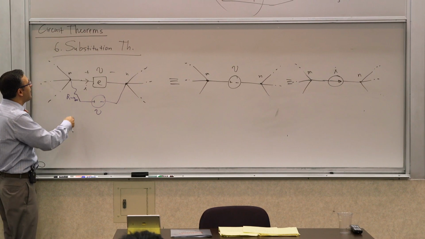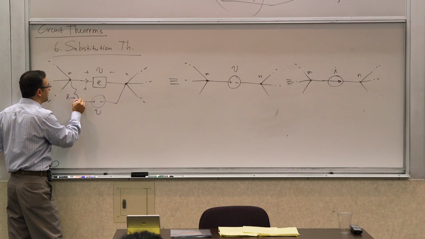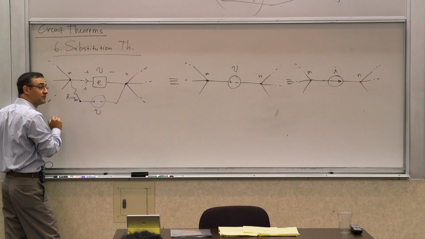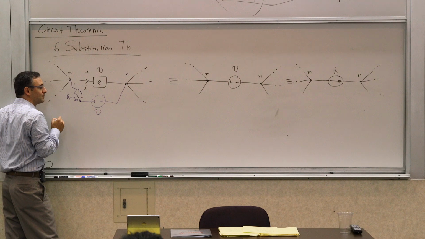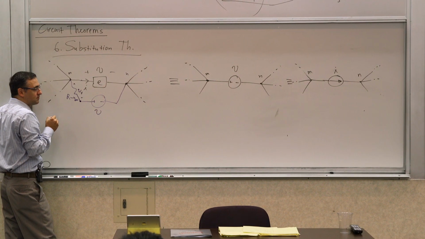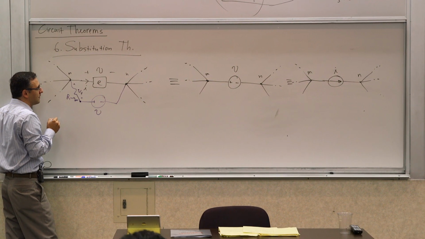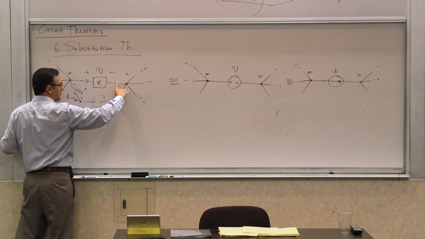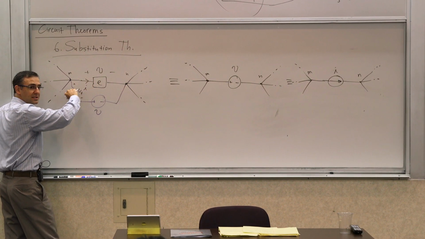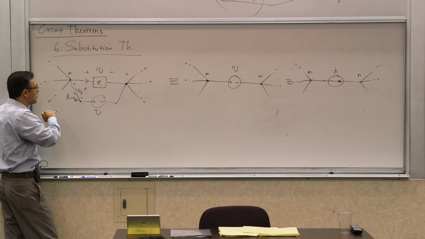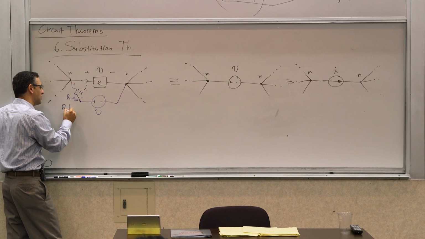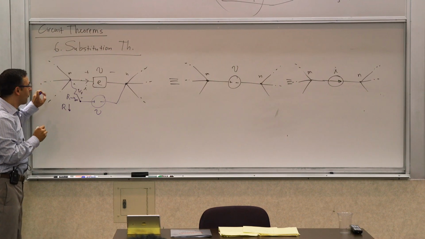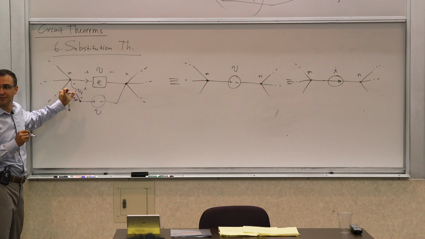At this point. But when I have something like this, what is the voltage difference between this node and that node? What is the voltage across here? What is this voltage, Vx? Is it V? These are at the same voltage, right? So both of them go up V. So this voltage is 0, right? So as I start reducing R from infinity to a lower value, would there be any current flowing through this guy?